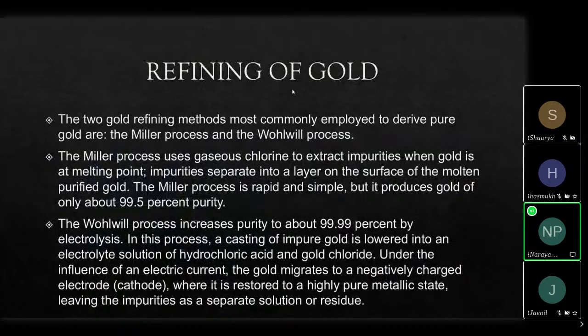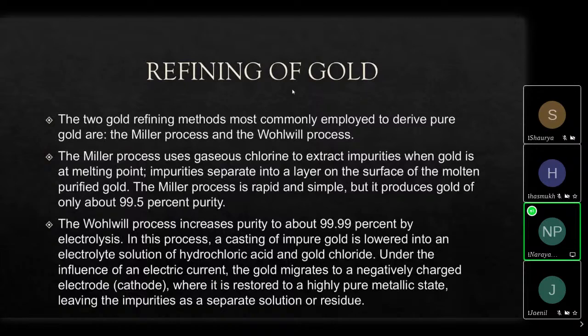Refining of gold. Gold refining methods commonly employed are the Miller process and the Wohlwill process. They use gaseous chlorine to extract impurities when gold is at melting point. So this is chemical: heating and then using chemicals.